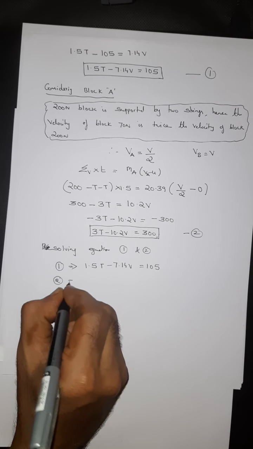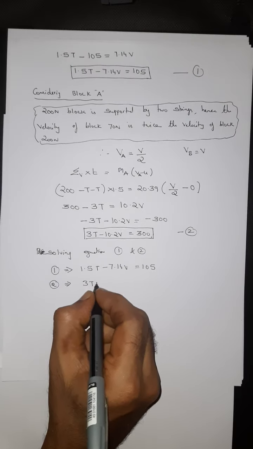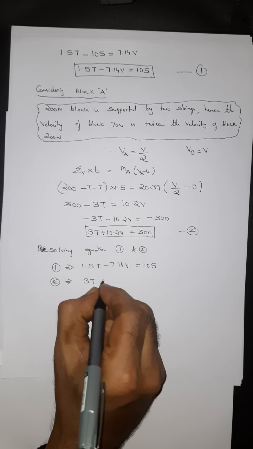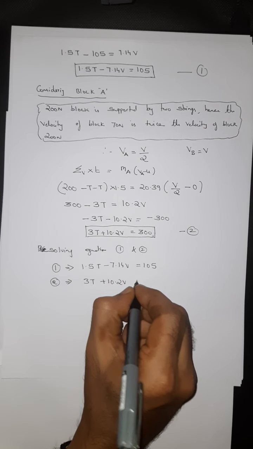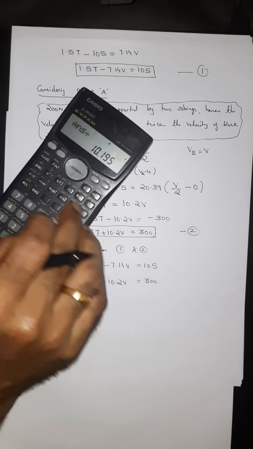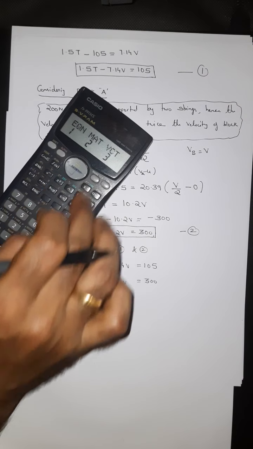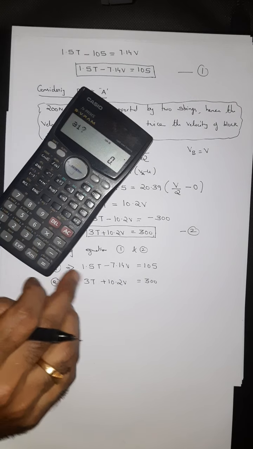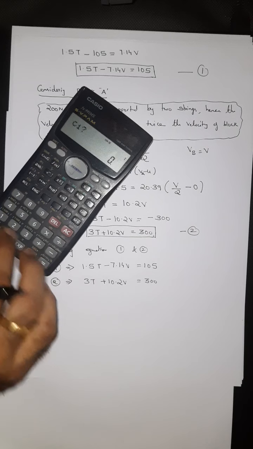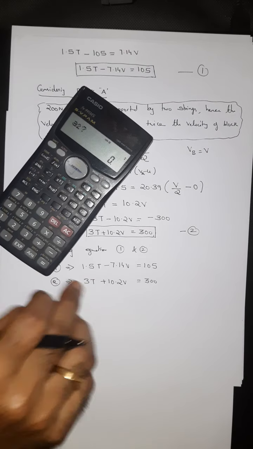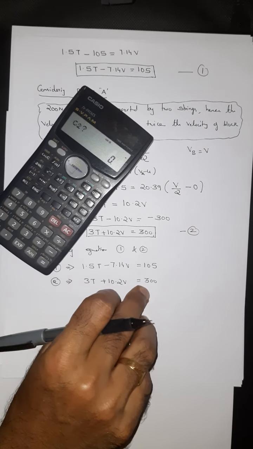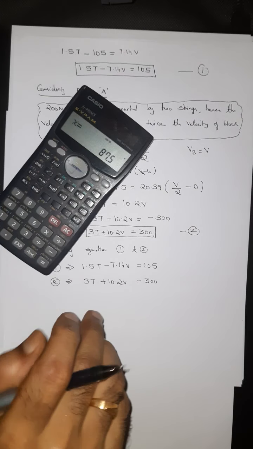Equation number 2 is 3T plus 10.2 V equal to 300. With two unknowns, A1 is 1.5, B1 is minus 7.14, C1 is 105, A2 is 3, B2 is 10.2, and C2 is 300.